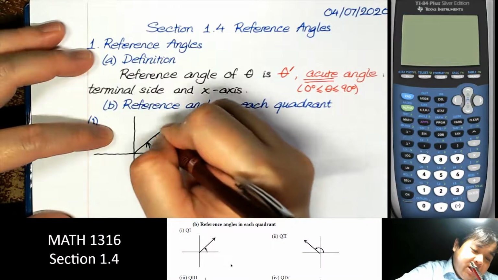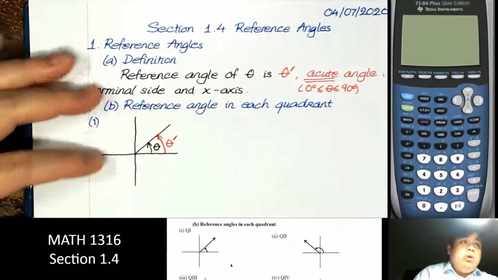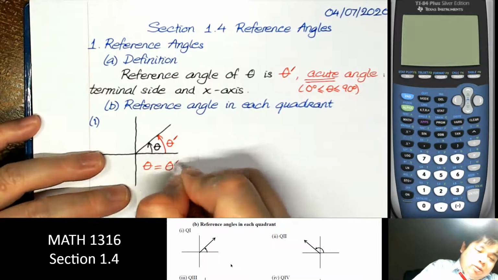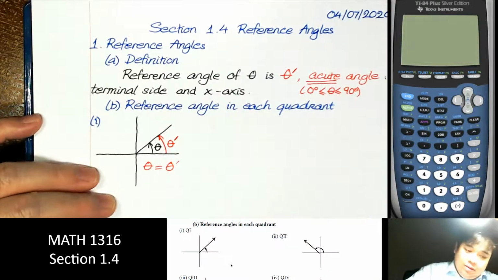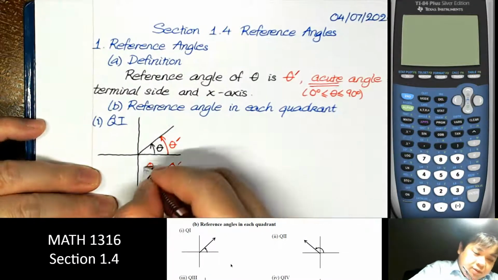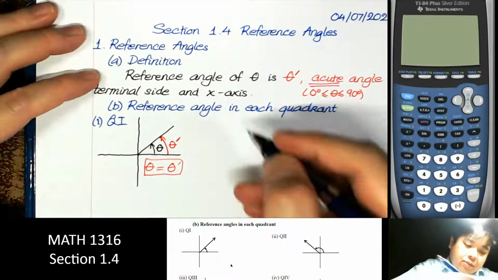It is going to be the same. Reference angle, we use that symbol. So in this case, theta is equal to theta prime in quadrant 1. In the first quadrant, it will be the same.